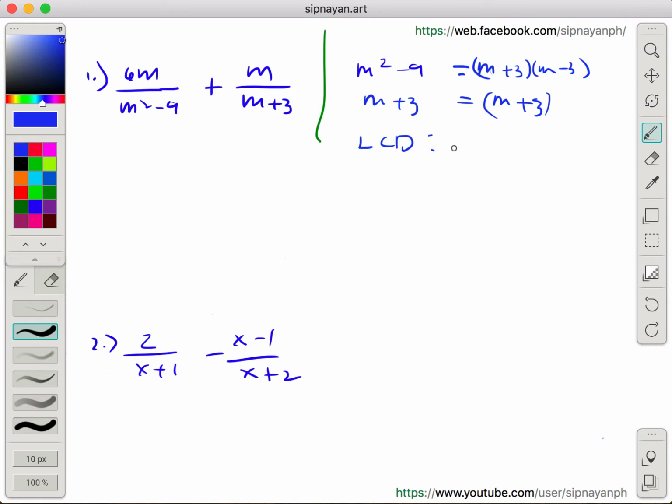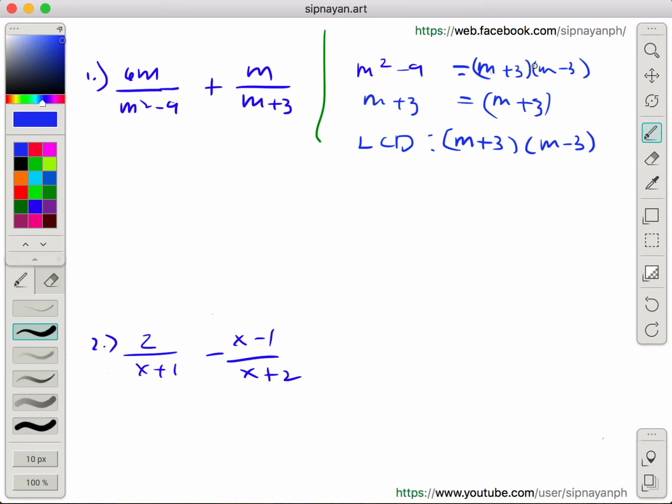So, gagawin lang natin is to get 1. Hindi natin pwedeng kunin yung dalawa. Now, for example, may m plus 3 squared ka dyan, ang kukunin mo is yung mas malaking exponent. But in this case, pareho lang sila, so just 1. And then we have m minus 3. So, sa LCD, sasama natin lahat ng mga factors maliban sa mga common. Okay?